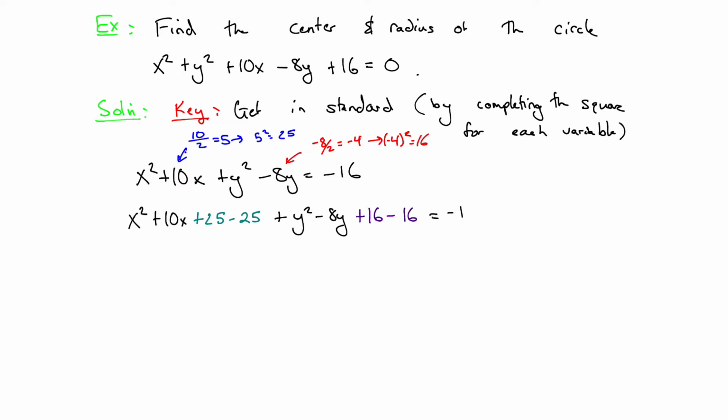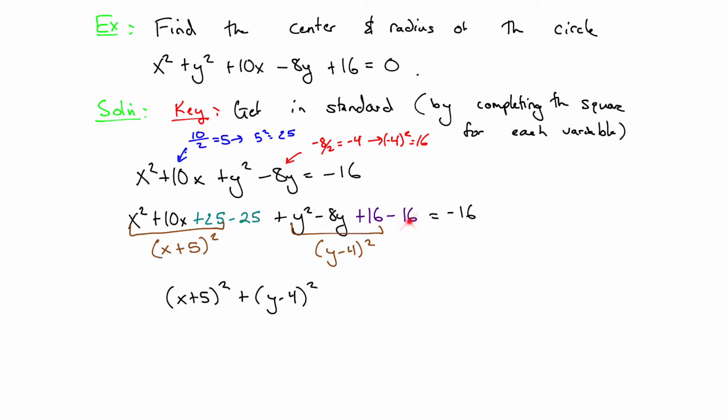That equals negative 16. The reason we're doing that is this right here is a perfect square trinomial. This is x plus 5 squared. And this is y minus 4 squared. Simplifying everything together, we get x plus 5 squared plus y minus 4 squared.